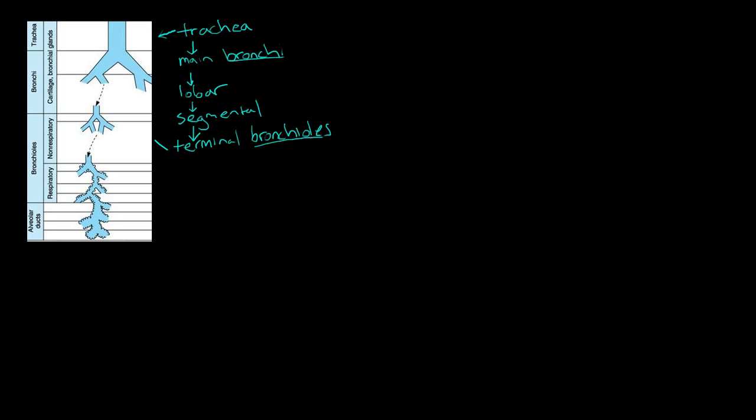The terminal bronchioles are an important point anatomically because this is where the conducting zone is going to end. So this entire region we're going to call the conducting zone, and we call it the conducting zone simply because this zone contains no alveoli.